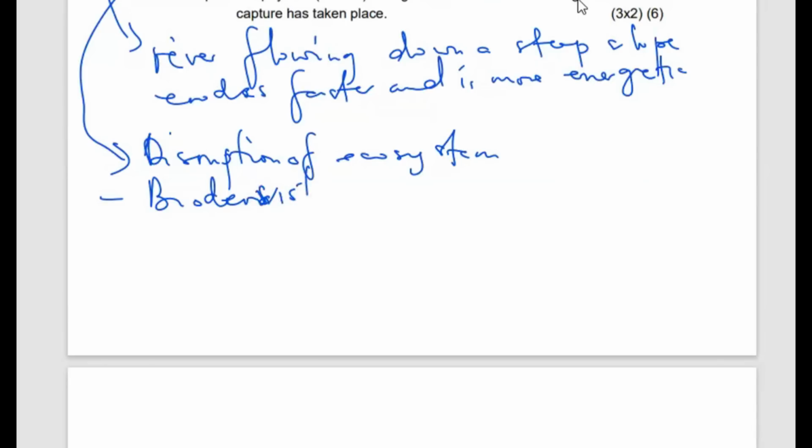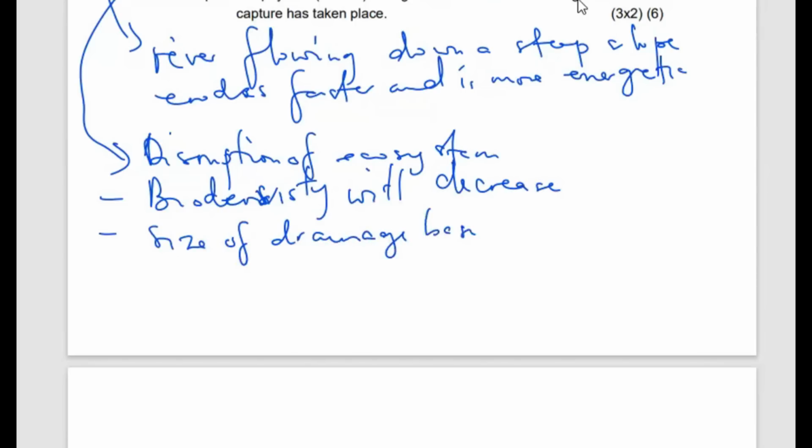Biodiversity will decrease in that area because of limited amount of water. Size of drainage basin would decrease. Drainage basin will decrease. And also, there will be increased deposition because of less velocity of the water.